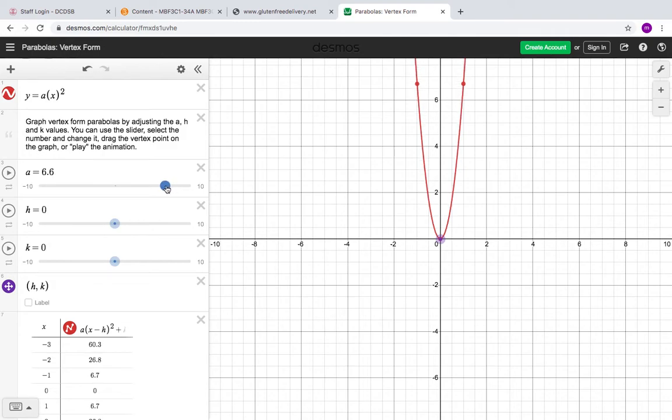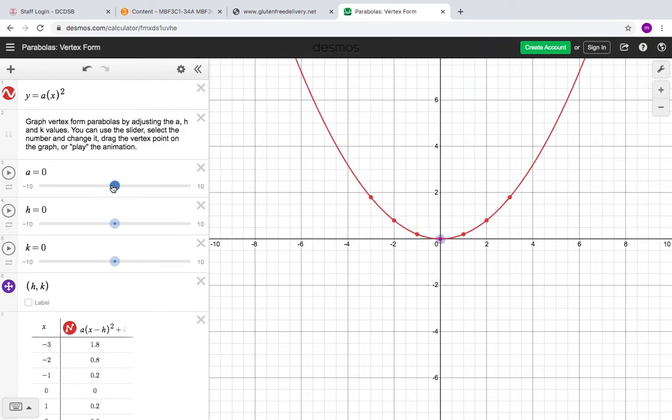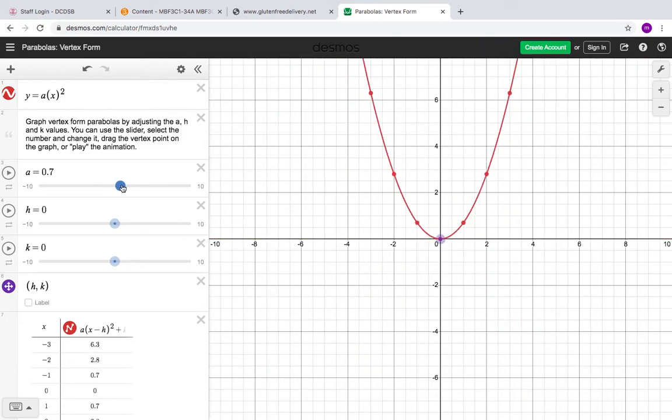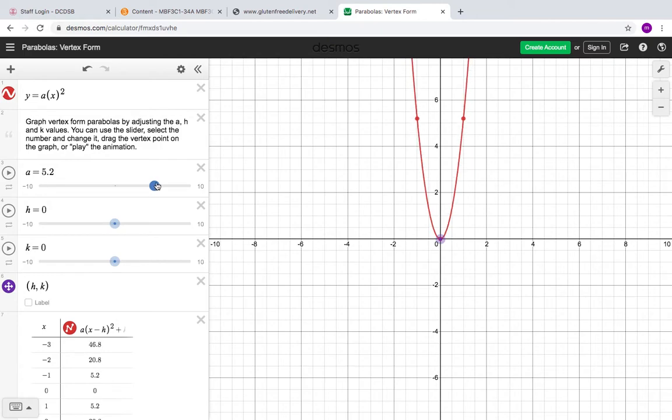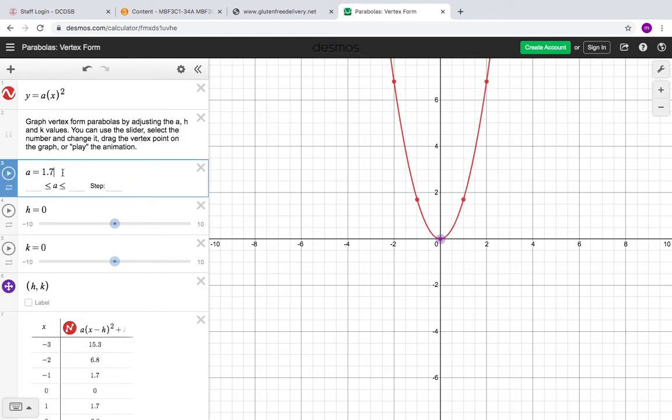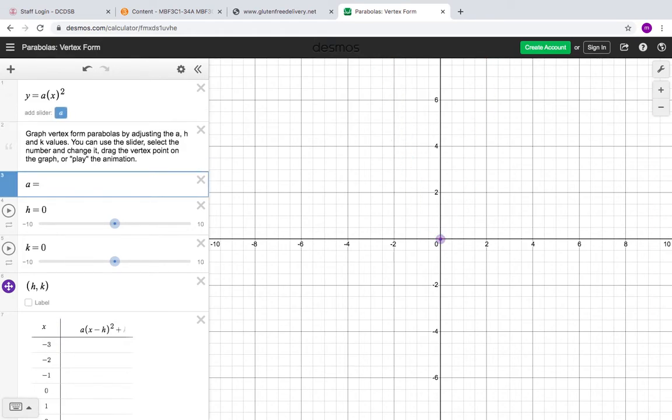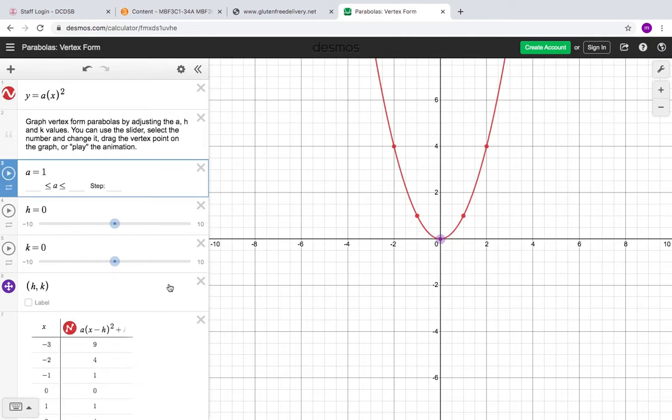I'm going to show you again: a equals 1, and as we increase the a value, we see that it is getting narrower and getting taller. Now, going back to a equals 1, sorry, I apologize, a cannot equal 0.